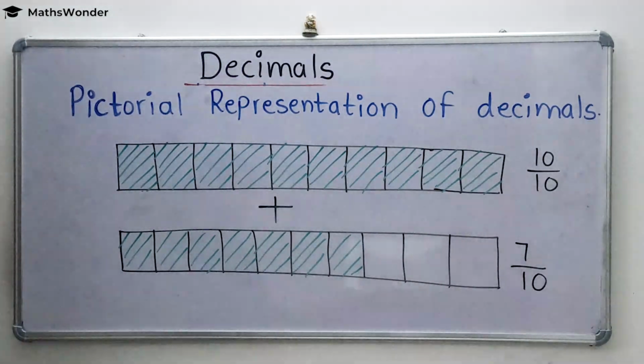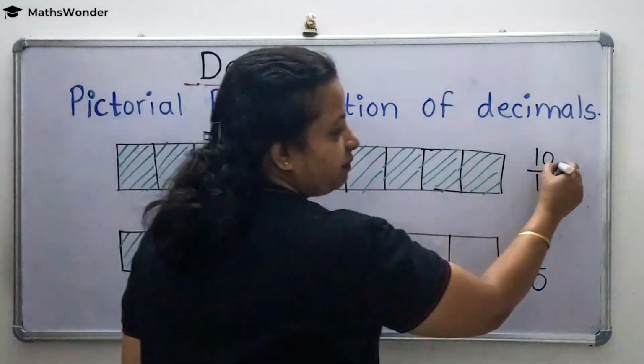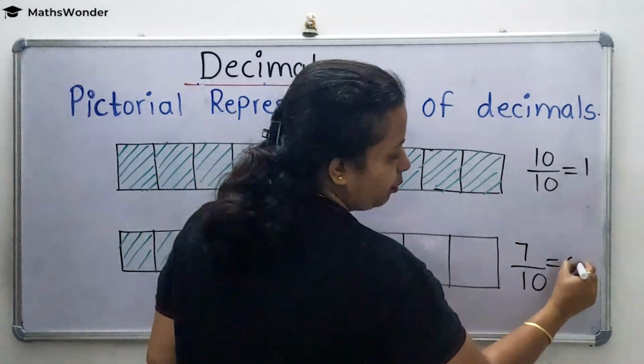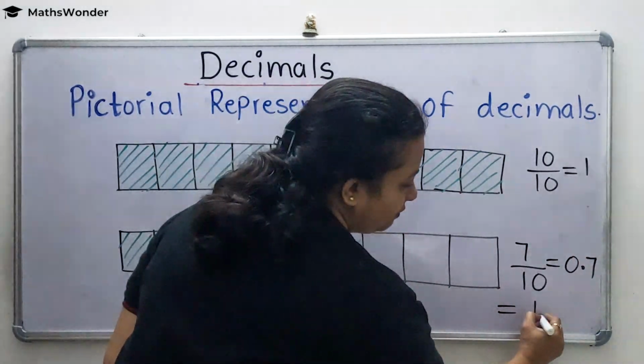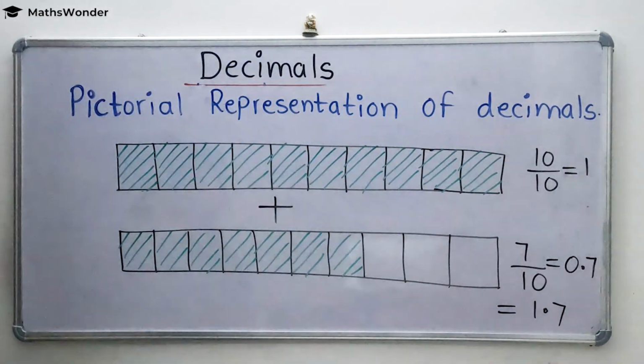Now this is just an example. So you can represent a decimal when you have 2 diagrams. You can represent the decimal 1.7 with the help of 2 shaded rectangles like this. This is 1 and this is 0.7. When you add both the numbers, you will get 1.7, isn't it?